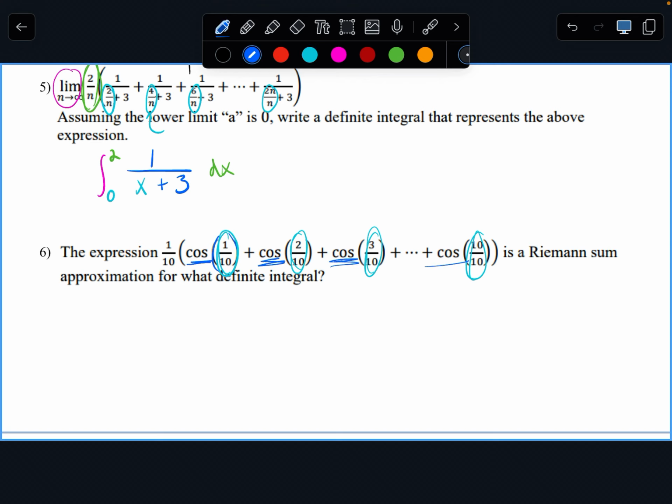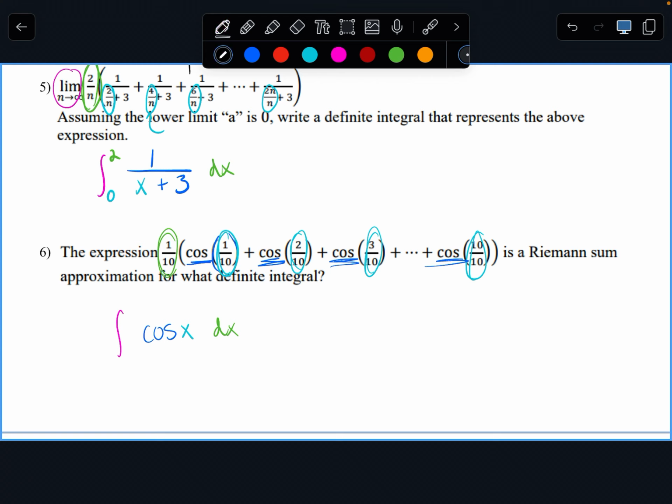So my function is going to be cosine. My x is the thing that's changing. This is always going to be dx, and we're adding up all these widths in order to get an integral.